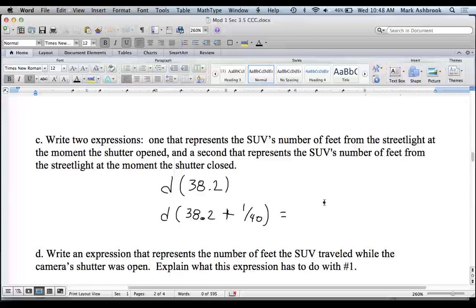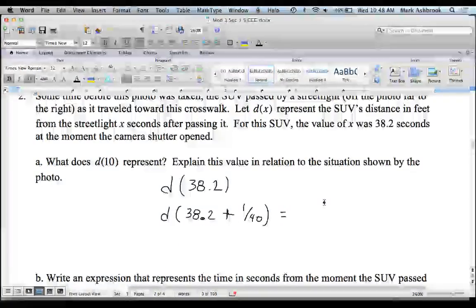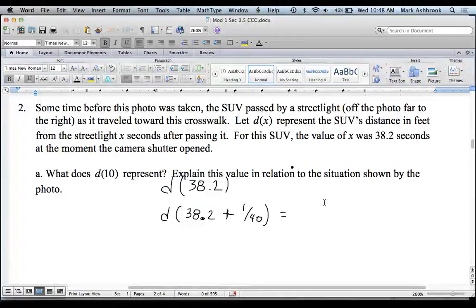No, so x is a variable that can take on any amount of time since the streetlight. For this SUV, at the moment, this is one value. So x takes on many values. The value of x at the moment the shutter was open is 38.2.